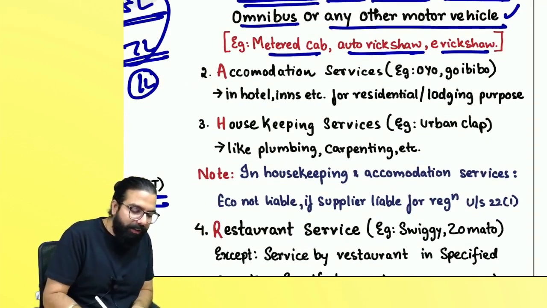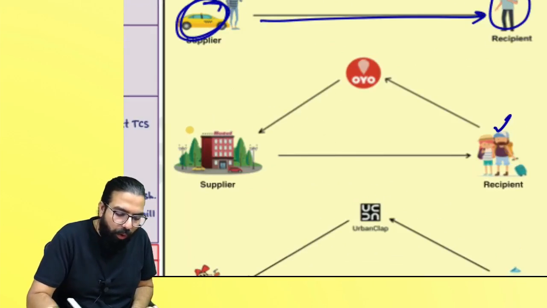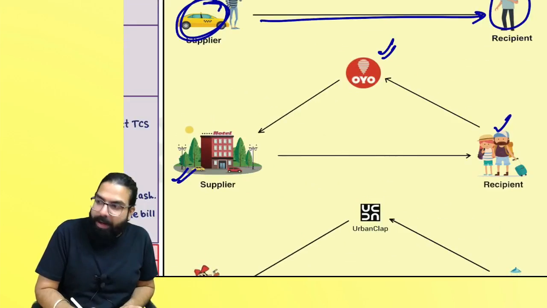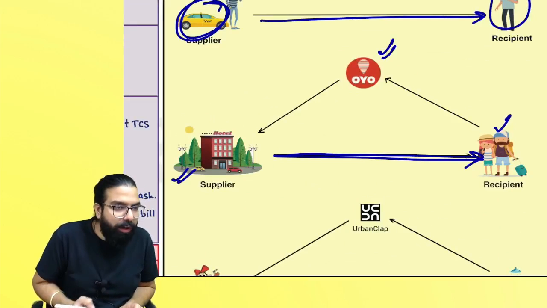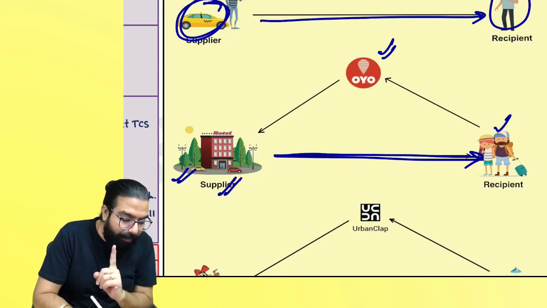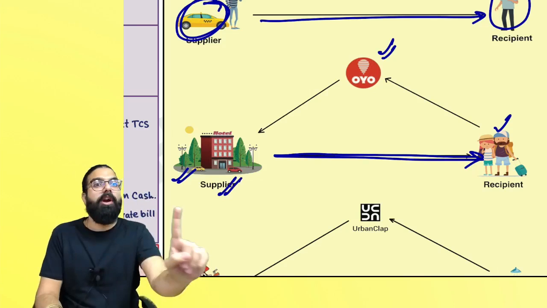The next one over here is accommodation services. Remember one thing, for example, one person went to Oyo and he booked a hotel, right, everyone? He went and stayed. So basically, the hotel gave him the service. Over here, you should remember, if the supplier is liable to register under section number 21, then the supplier will be liable, and the e-commerce operator will not be liable.